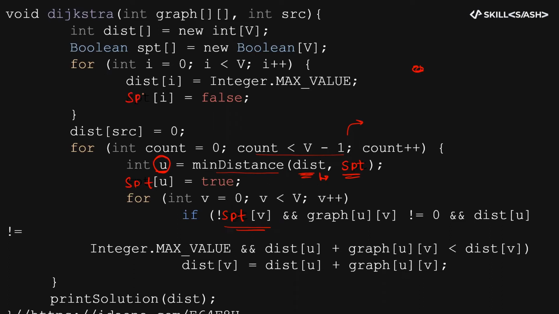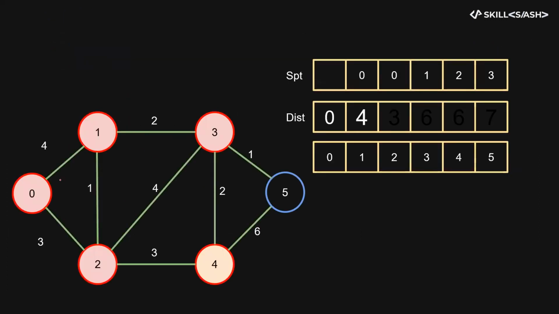This is also a spanning tree. What is the node that is at the least distance from the source right now? So I'm going in a greedy way: first I'll start iterating from 2 after 0. Why? Because it is at the least distance. I'll not start iterating from 1.